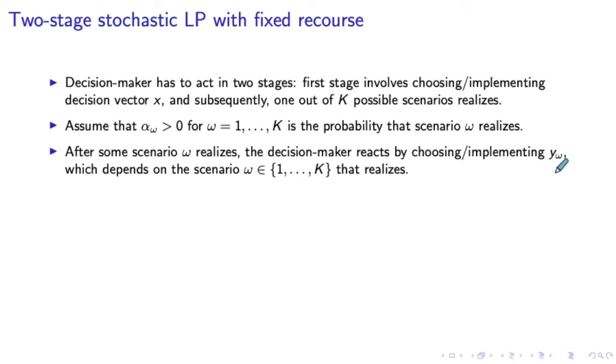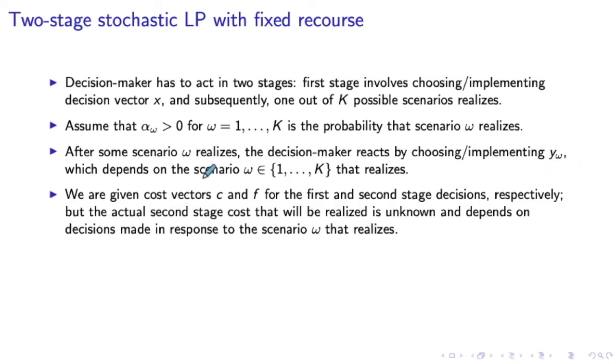So this is our second stage decision variable, and that second stage decision variable depends on the scenario omega. So in our farming example, the second stage decision variables were y's and p's, the amounts of crops that we are going to buy and sell. Here in this description, we denote all the second stage variables by y omegas.